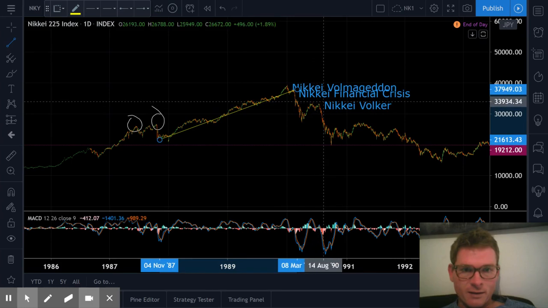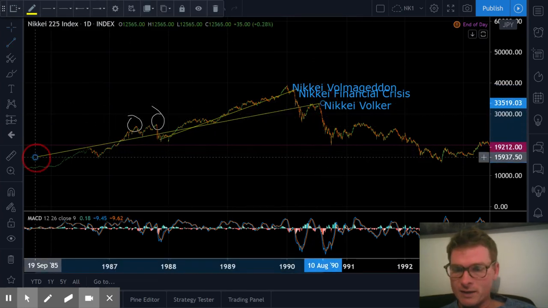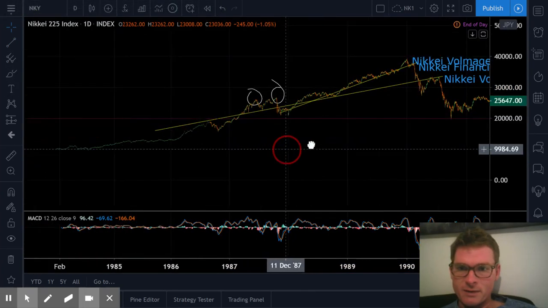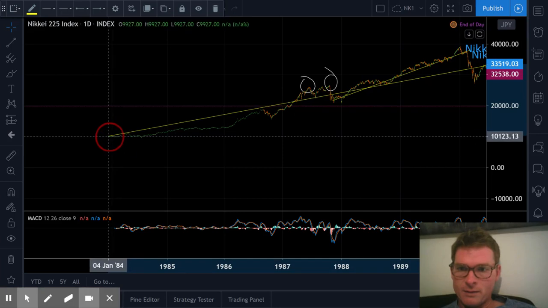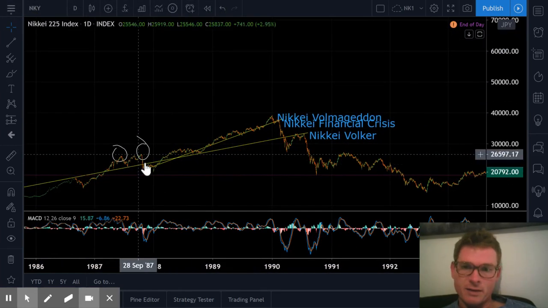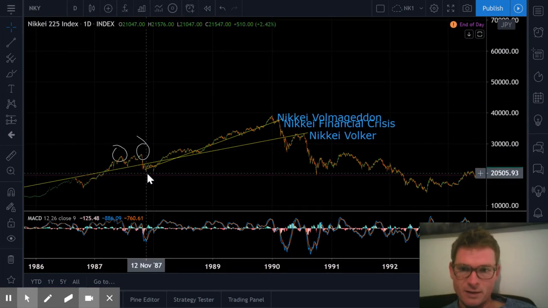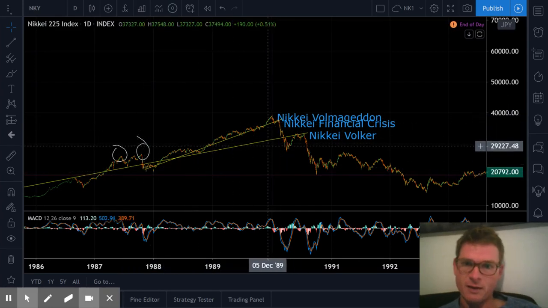Similarly, you can get a bull market line that comes through the whole Nikkei and hits all these reactions up the bubble. Then the crash crosses the bull line, dives beneath it, and sets up a steeper trend line.